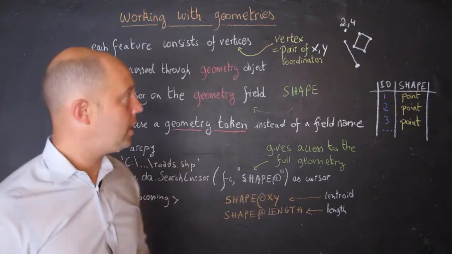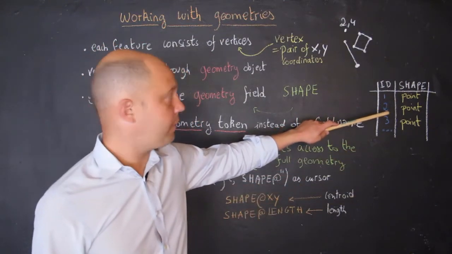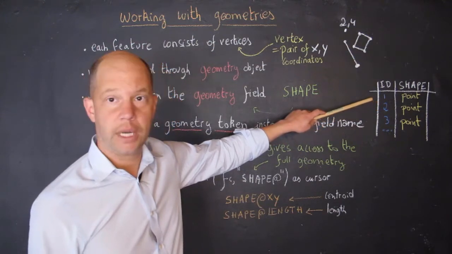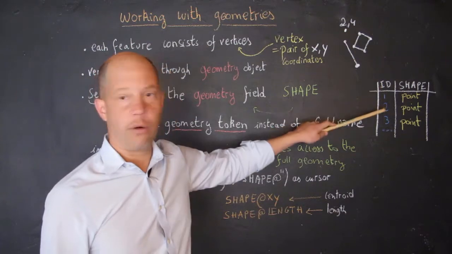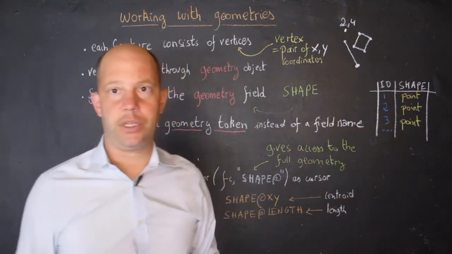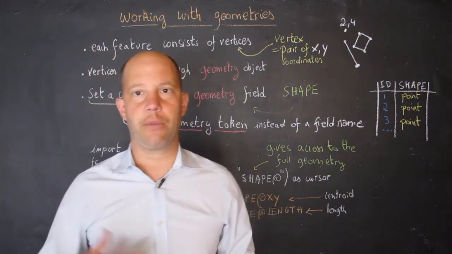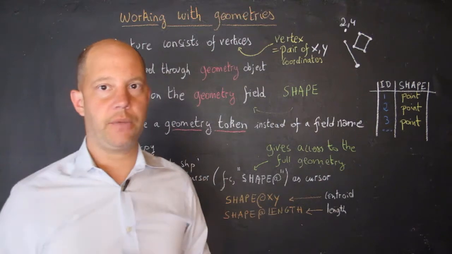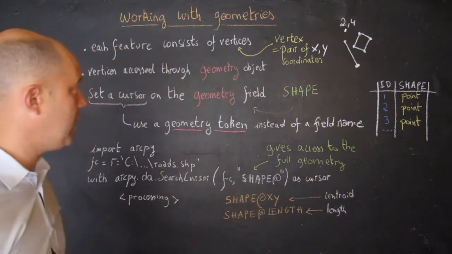Okay, so in Esri products, for instance, if you have a feature class or if you have a shapefile, you're typically going to have an ID or FID, a feature ID, object ID sometimes, and then you have shape. And shape is typically going to be points, lines, or polygon, and there are different kinds also like multi-points and so on. But we're going to stick here with points, lines, and polygon. And so that is where the geometry is essentially stored.